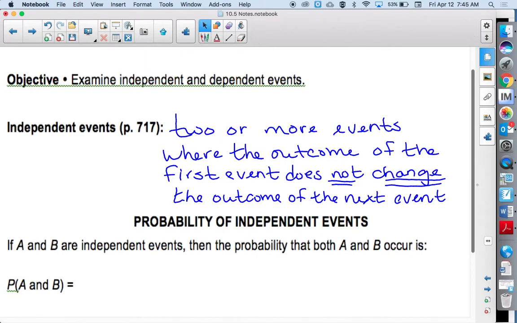So pretty much the first event doesn't affect the second event doesn't affect the third event. Right, 4 things going on, that third event doesn't affect the fourth. It doesn't change the occurrence of whatever's happening next.